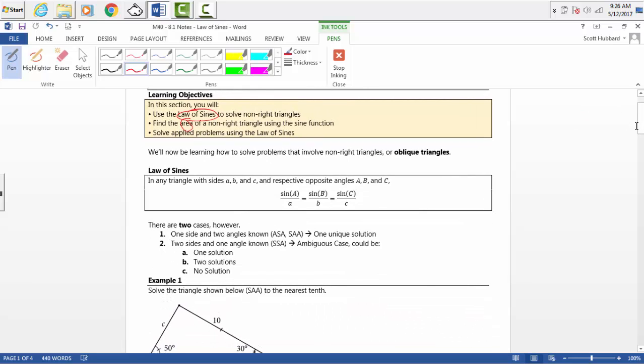Now, what we are going to be learning only applies to triangles which are non-right triangles. So back in chapters 7, 6, and 5, all the formulas that we learned for sine and cosine, like SOHCAHTOA, only apply for right triangles.